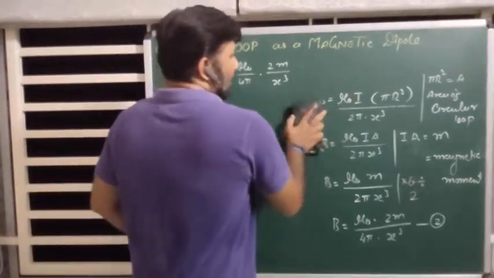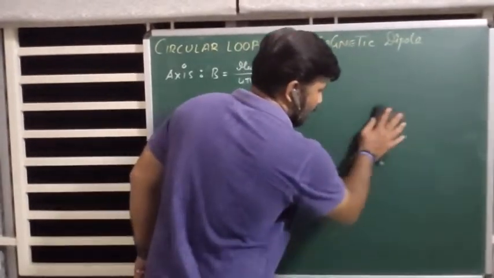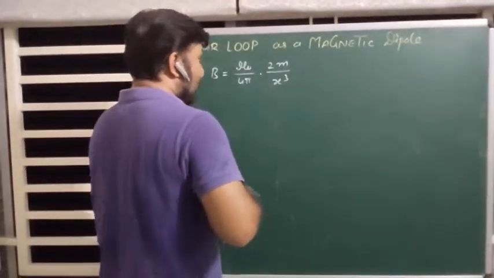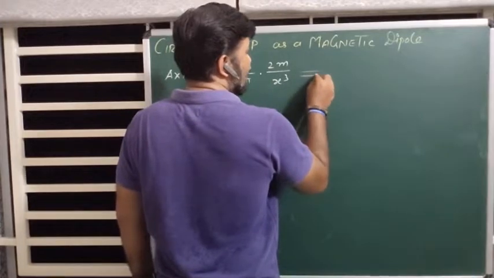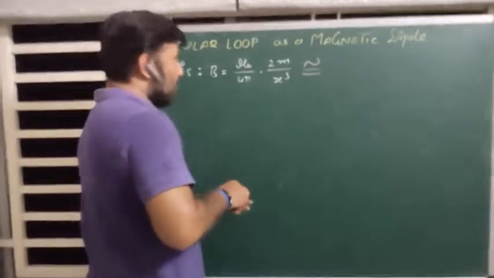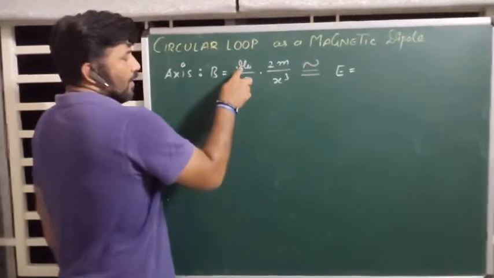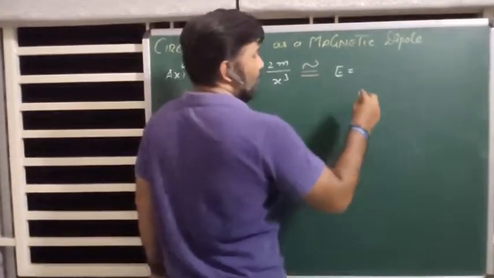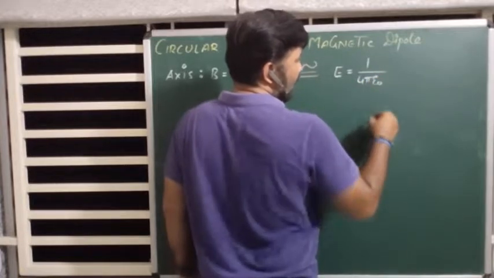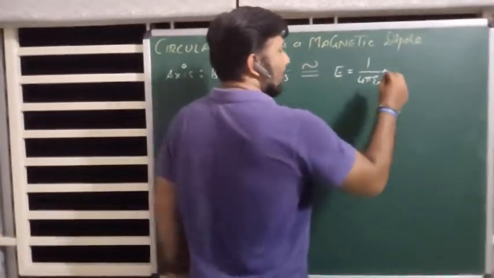This equation is very similar to the equation of dipole for electric field. Which equation? That is E is equal to, instead of mu 0 upon 4 pi, we have used a constant, that is 1 upon 4 pi epsilon 0, and 2 as it is.